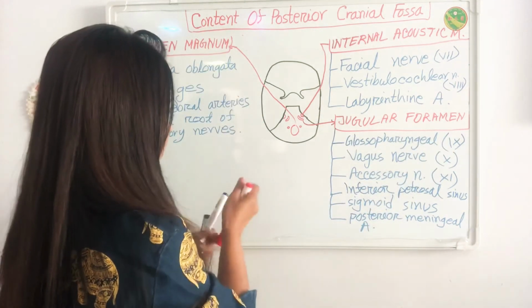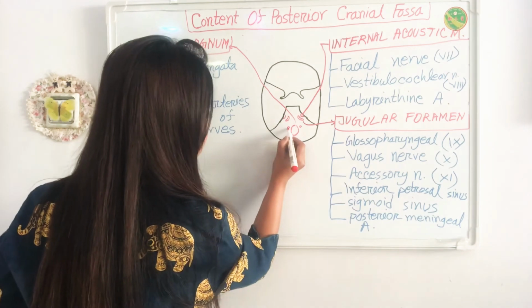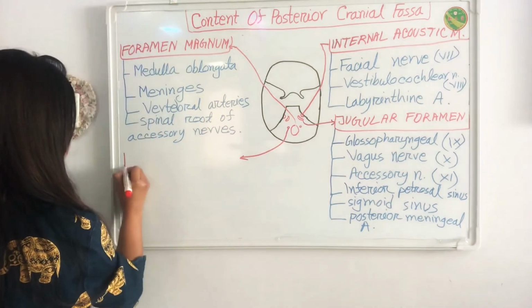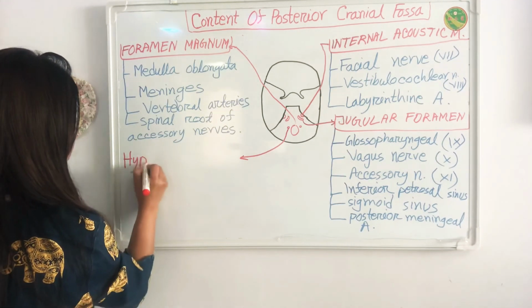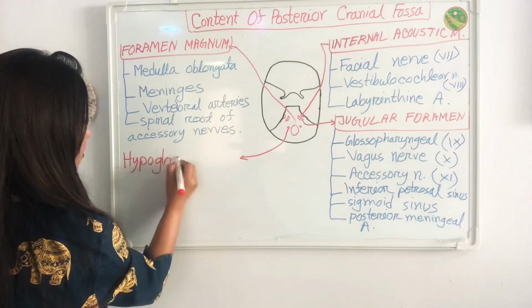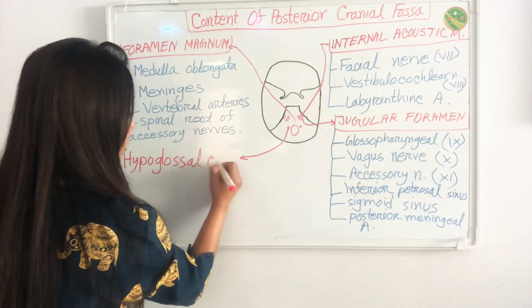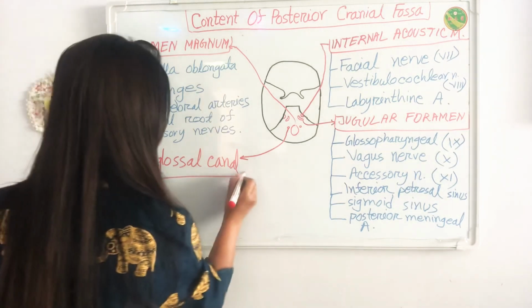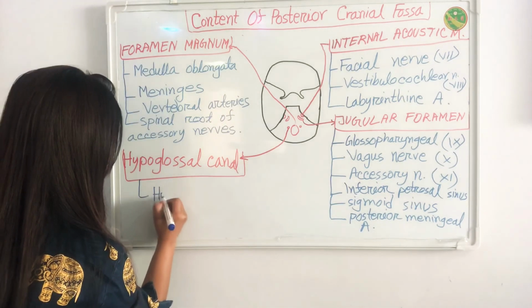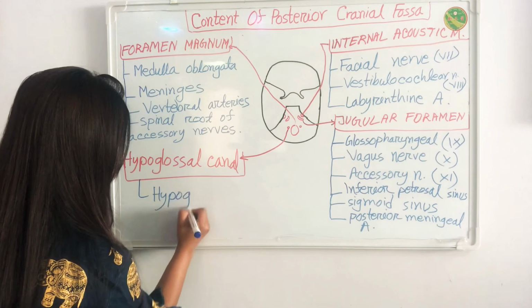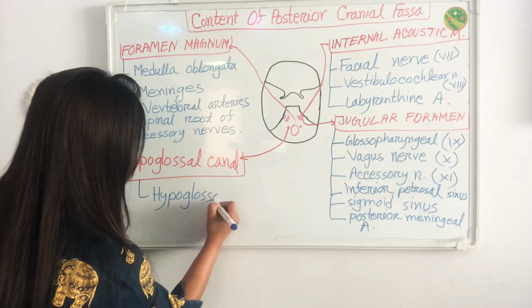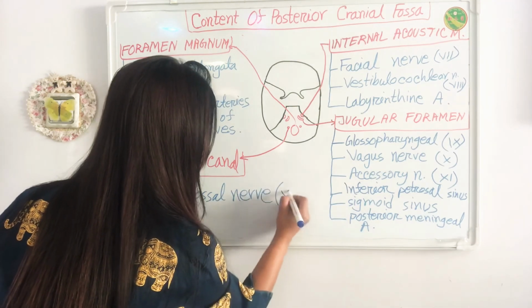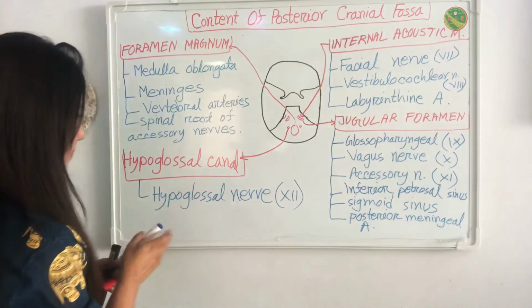Now this tiny small foramen, this is so easy. This is the hypoglossal canal. The hypoglossal nerve or 12th cranial nerve passes through it.